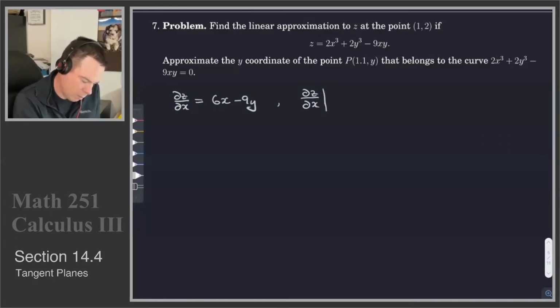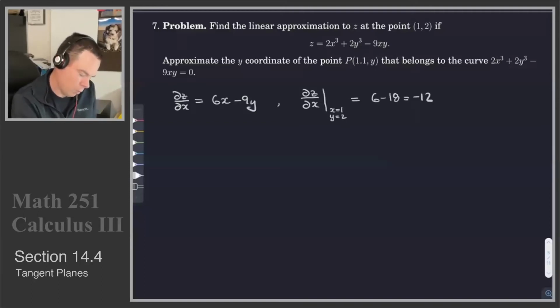So this is going to be x equals 1, y is equal to 2. So the value of our derivative at that point is going to be 6 minus 18, or negative 12. Then we'll also need the derivative in the y direction.